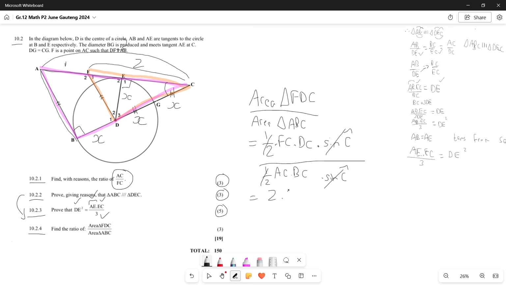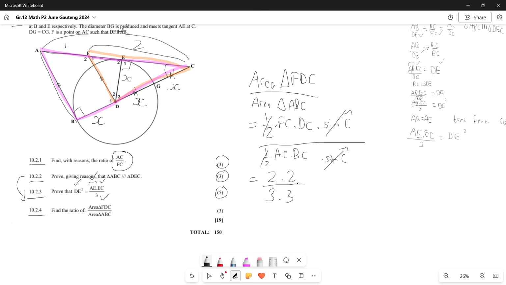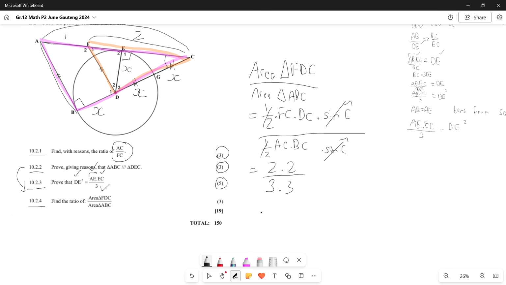Either way is fine because our x's are going to cancel, over AC. AC over here is 1 plus 2, so we have 3, and then same thing here. BC is 1, 2, 3 x's, so we have 3 over there, which means we have 2 times 2 at the top, which gives us 4, and 3 times 3 at the bottom, which gives us 9, and we have 4 over 9 as our final answer.